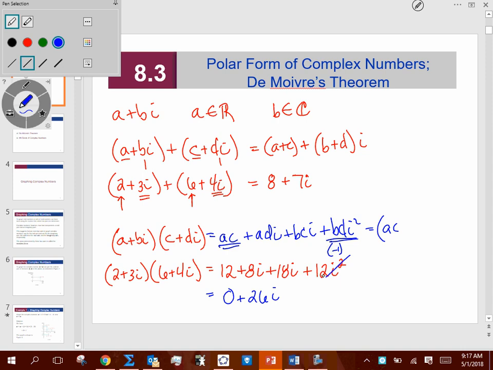And we subtract, right? Because that i squared becomes a negative. So it'd be minus bd. And then plus, we add the ad and the bc together, ad plus bc, and then multiply that times i. So that's kind of the rule. If you wanted to apply a quick way, instead of having to FOIL every time, just look at your components a and c, multiply them together, like components b and d, multiply them together, subtract that, and do the same thing with ad and bc.